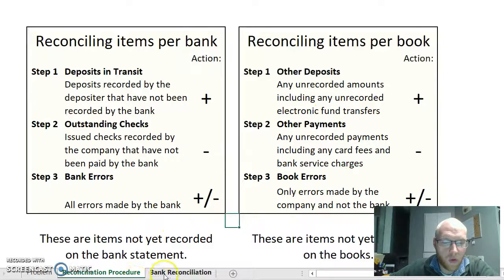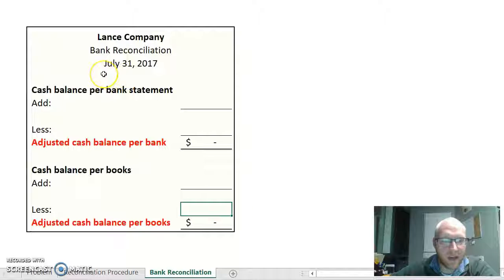So right here, we have what a bank reconciliation would look like. We're going to fill this out during our procedure here, and by the end, we want this adjusted cash balance per bank and this adjusted cash balance per book to match. Once they match, we know we have done it successfully.